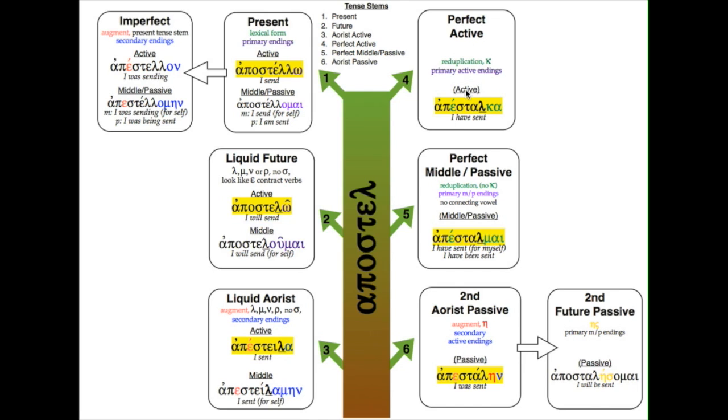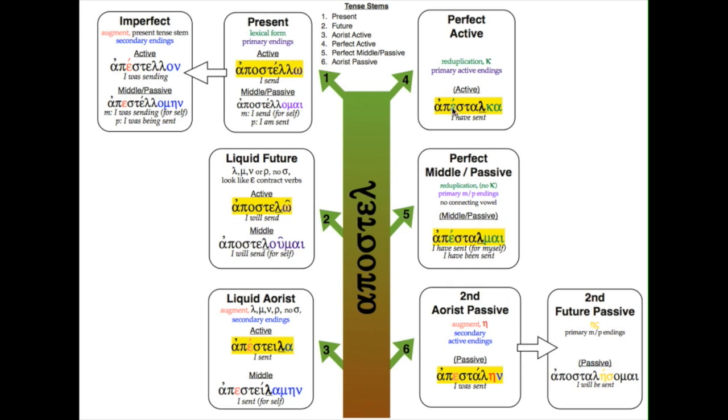The perfect has a reduplication and a kappa. Well, the reduplication here is hidden between the preposition and the verb, and in this case it looks just like an augment. But that's not an augment, that's called a vocalic reduplication. You do it not by repeating any consonant, because there's no consonant to repeat here, so you actually just change or lengthen the vowel, which looks, I'm sorry, exactly like an augment.